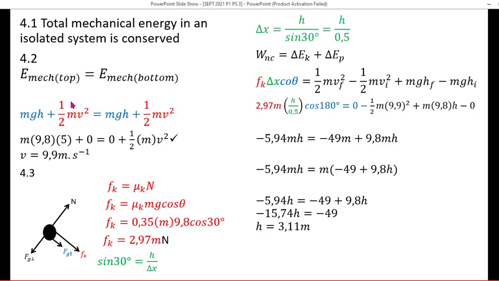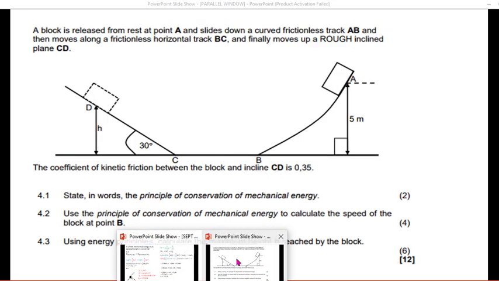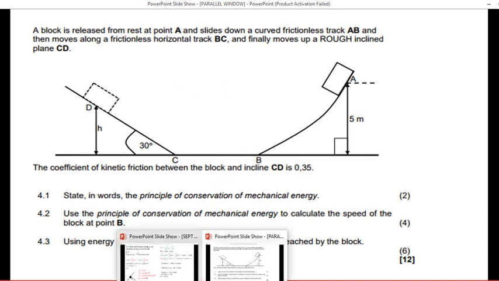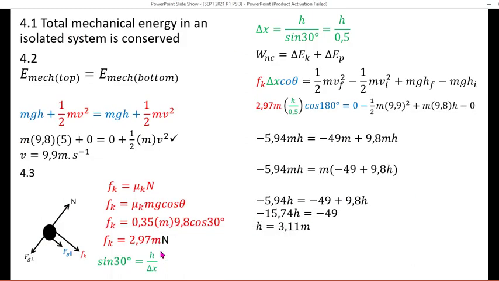So here, if you remember, we are not given the mass of the block. So when we substitute, we write m as the mass, and then m times g, which is 9.8, times the height, which is 5.